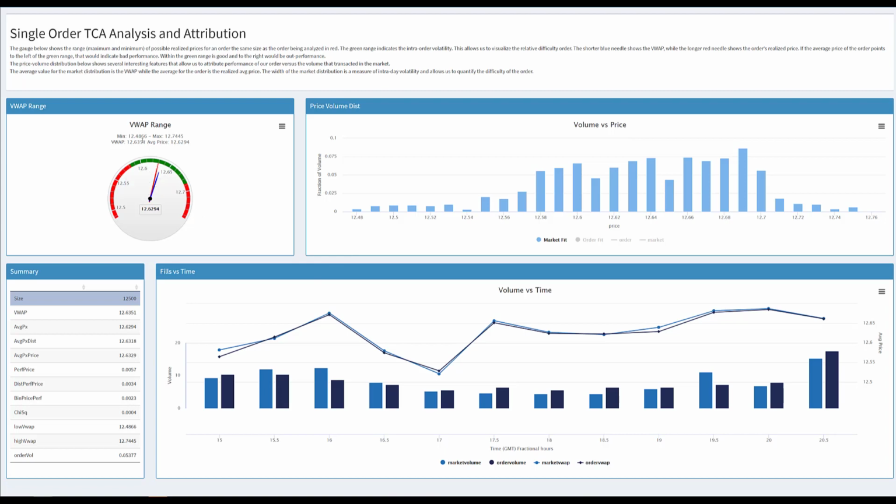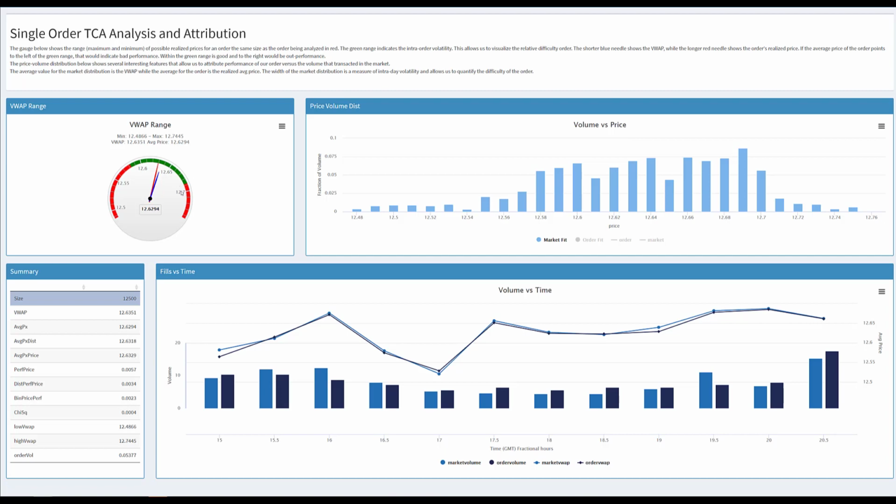That price we've got over here on this gauge, and we can compute that it's 12.4866. We can come the other way and figure out what's the highest price that we could have achieved in the market given this volume distribution, and that's this point on the gauge, 12.7445.